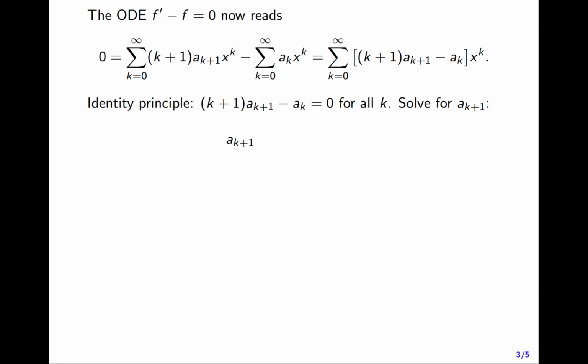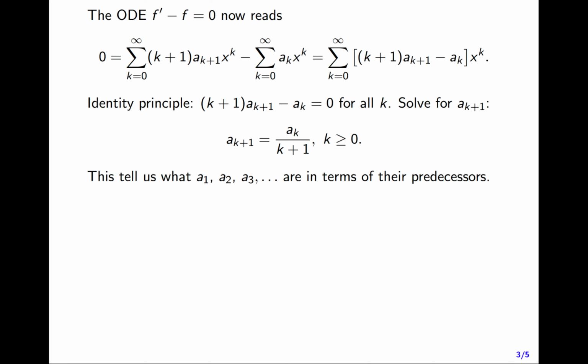And so we'll solve for a_{k+1}. That tells us a_{k+1} is equal to a_k over k plus 1 for k greater than or equal to 0. In other words, it tells us what each coefficient, a1, a2, a3, and so on, is in terms of its immediate predecessor. a_{k+1} depends on a_k.